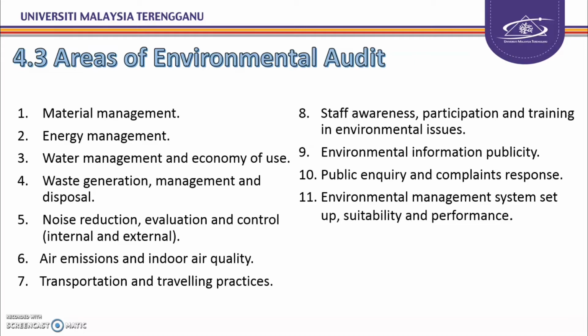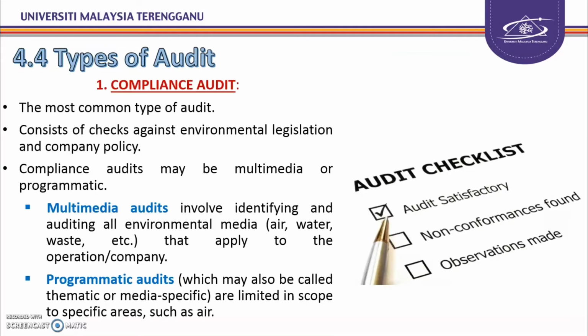Noise reduction, evaluation and control. The areas also include air emission and indoor air quality, transportation and traveling practices, staff awareness, participation and training in environmental issues, environmental information publicity, public inquiry and complaint response, and lastly, environmental management system setup, suitability and performance.